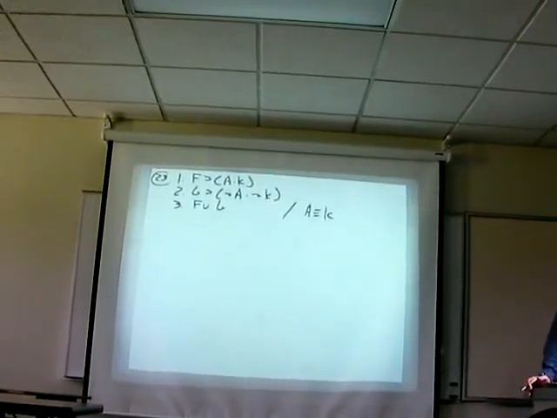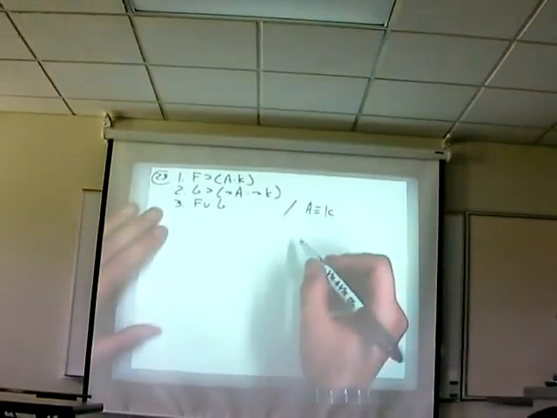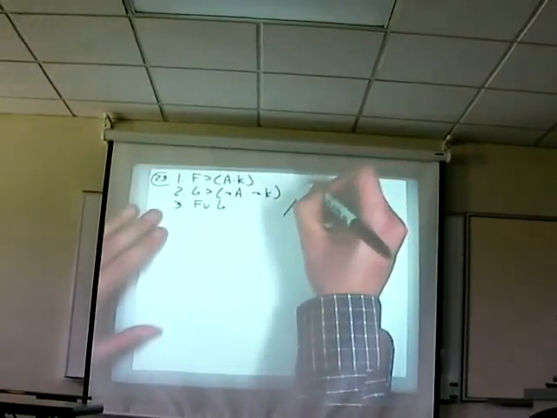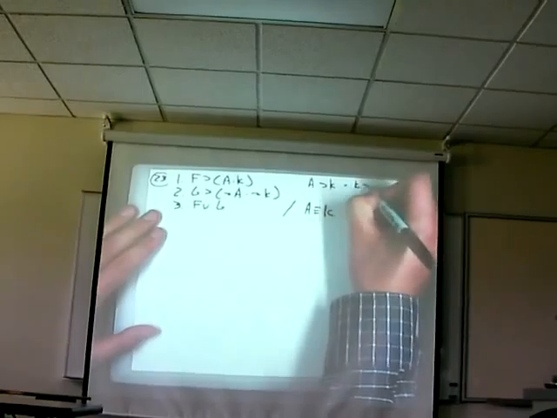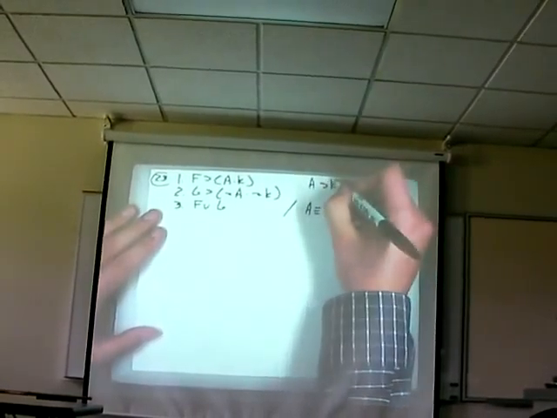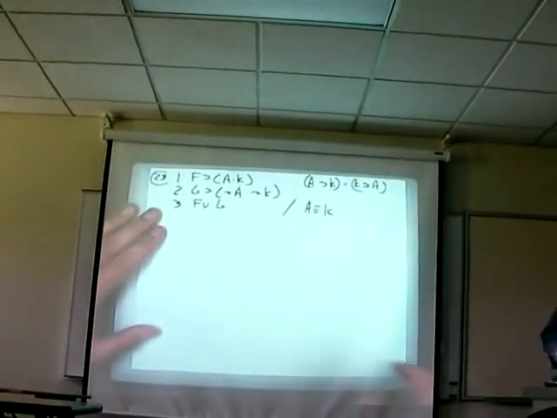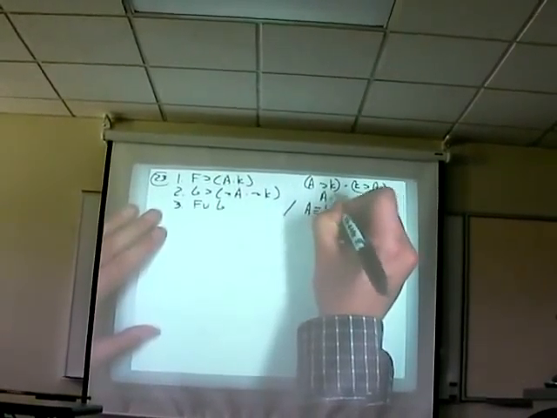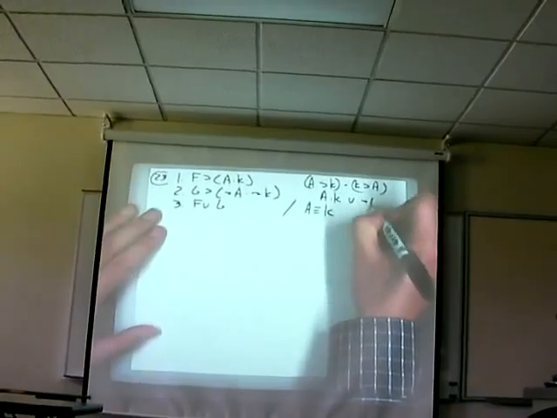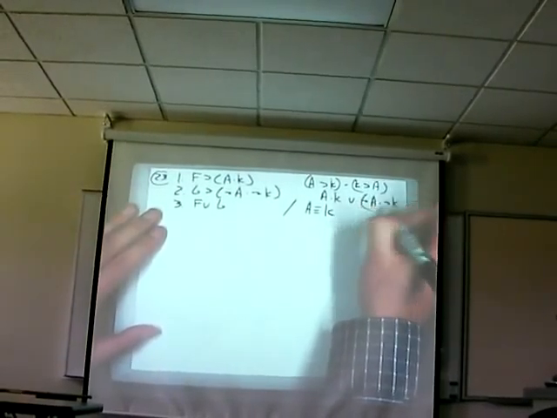So I'm just going to take stock of the options here that I have at my disposal. I'll either need A horseshoe K and K horseshoe A, or my only other possibility, given that I have to do material equivalence, I'll need A and K, or not A and not K. It's got to be one of those two.